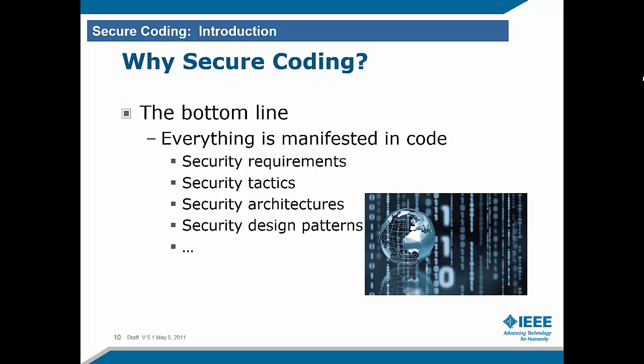No matter how secure your requirements are, no matter how secure your design is, no matter how secure your architecture is, it doesn't really matter unless those are incorporated into your software when it's actually implemented. So I would say the most important step in your software development life cycle is really the coding part, in that sense.